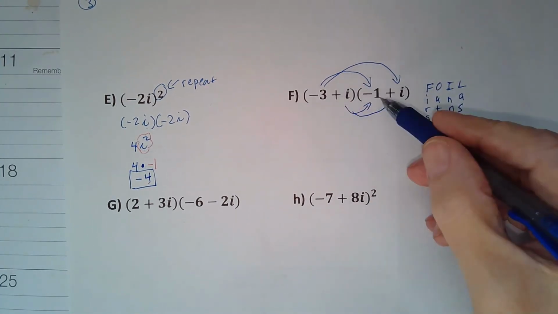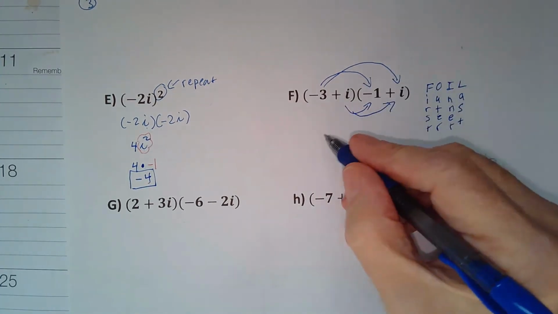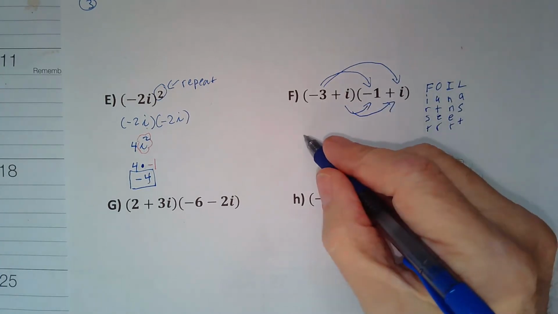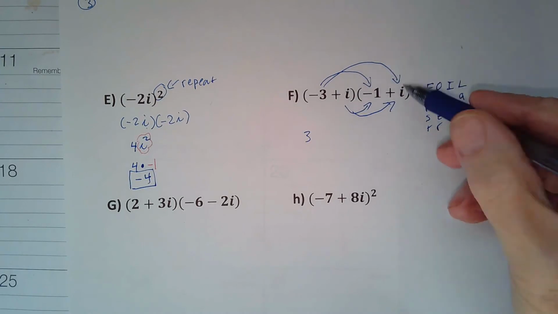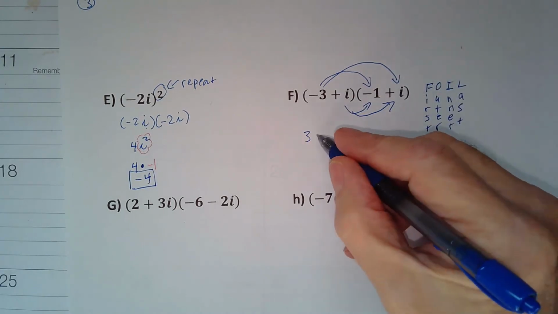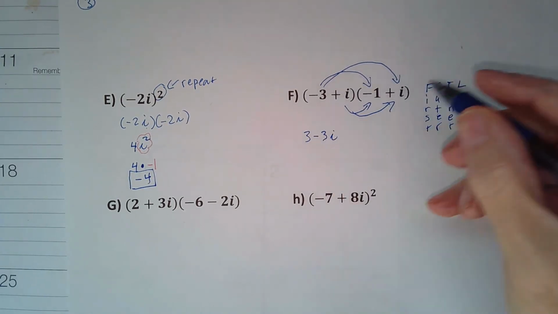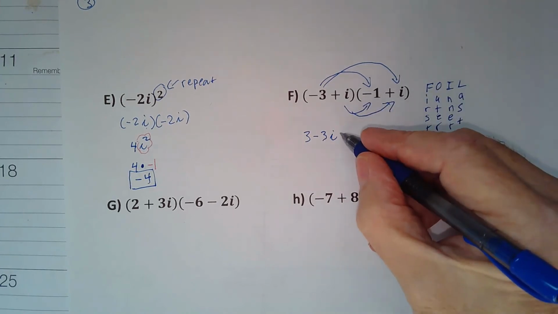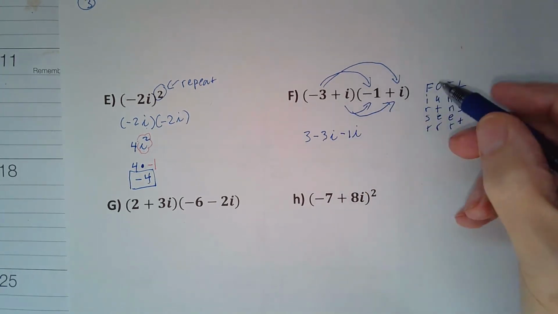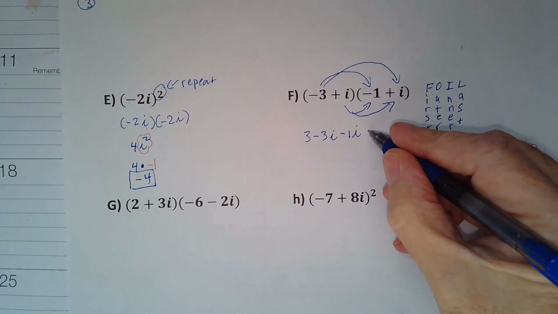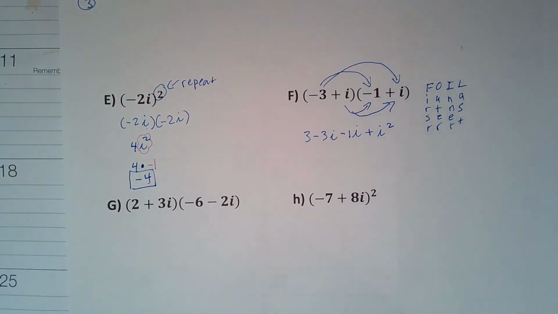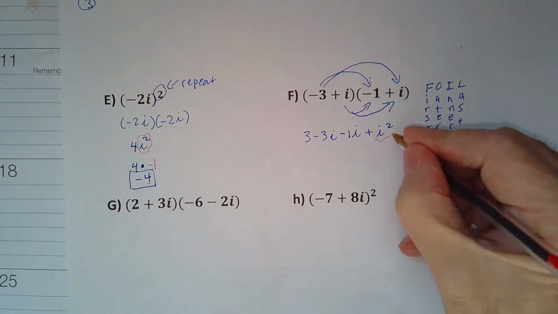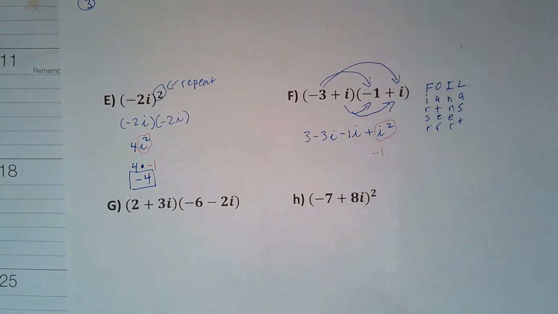So let's see, negative 3 times negative 1 is negative times negative, positive 3. Negative 3 times i is negative 3i. i times negative 1 is negative 1i. And i times i is i squared. What's i squared? Aha, negative 1.